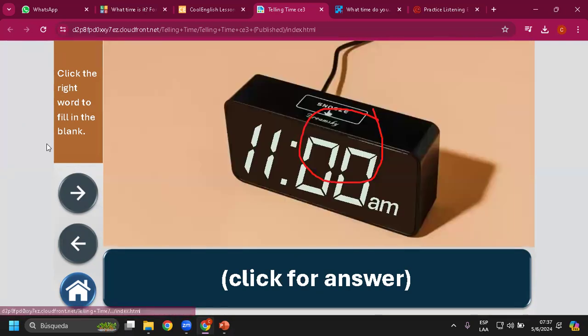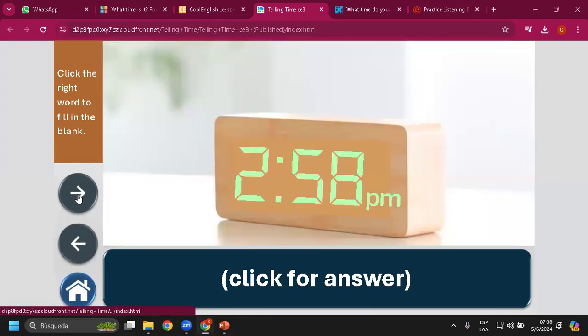Okay. Everybody, look at this time. It's very easy. What time is it here? Everybody? 11 o'clock. Very good. 11 o'clock. Okay, let's continue with Gabriela.